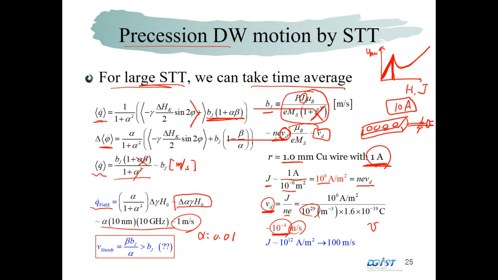But don't confuse, this is the drift velocity. The real electron velocity, the Fermi velocity, is on the order of 10 to the 5 to 6 meter per sec. But this drift velocity is the average velocity of the electrons. With this Fermi velocity, the electrons move randomly in any direction. So at zero applied current, this average value is 0.